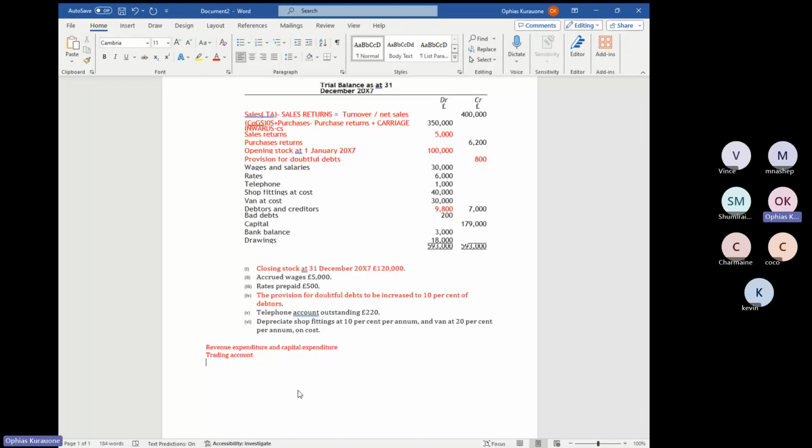In this situation, 10% of debtors, 10% is 0.1, multiplied by the debtors, 9,800, and this becomes 980.